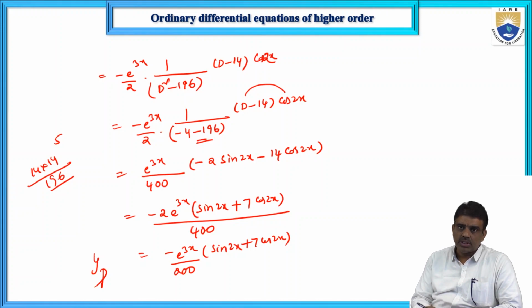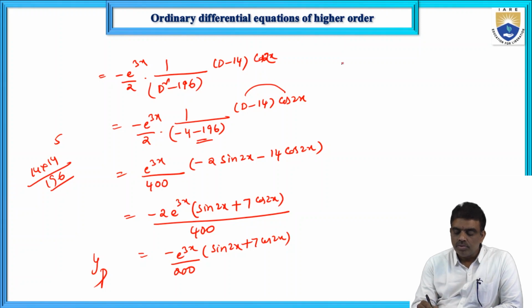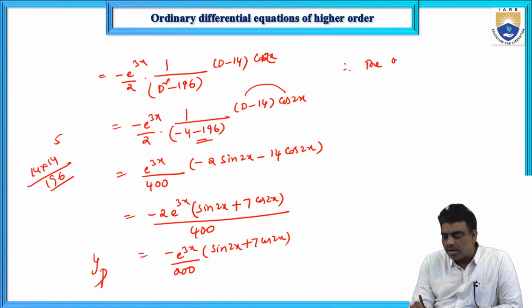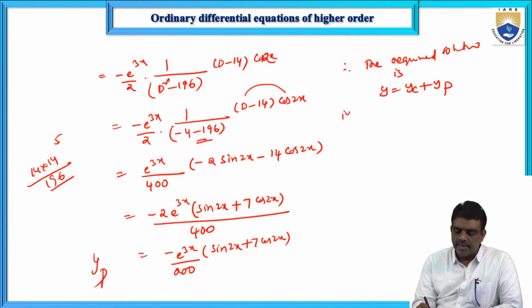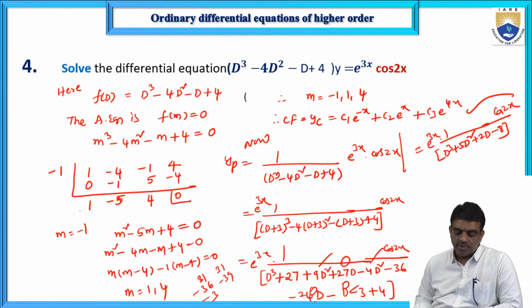If anything goes wrong, any plus or minus, then you will correct it in the next video. Therefore, the required solution is y is equal to the complementary function plus particular integral. That is y is equal to, what are the roots of the equation? Already we have done: minus 1, 1, minus 4.